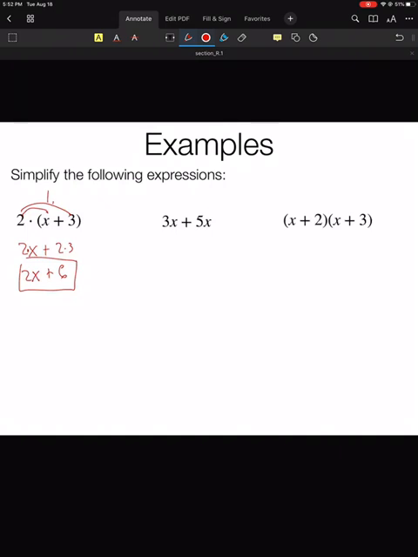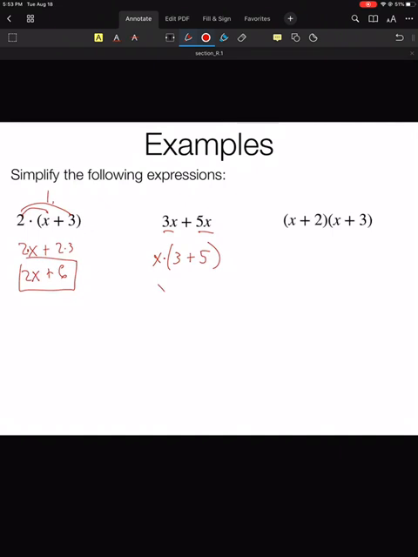I notice that there's an x common to both the 3 and the 5, so I can, many people will say, pull it out in front.